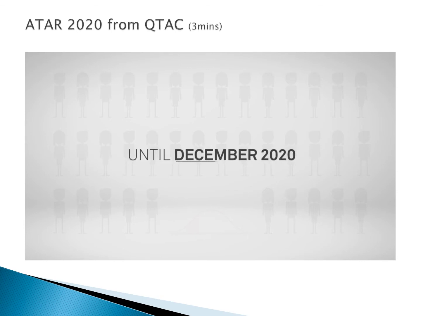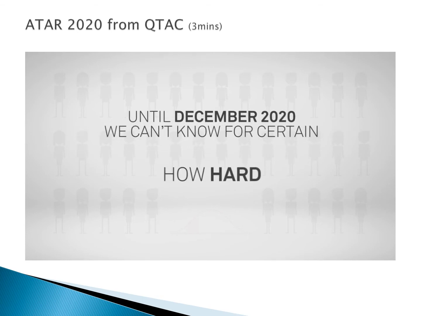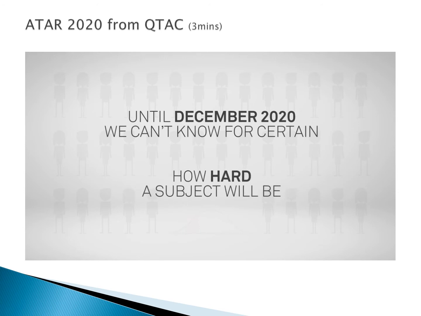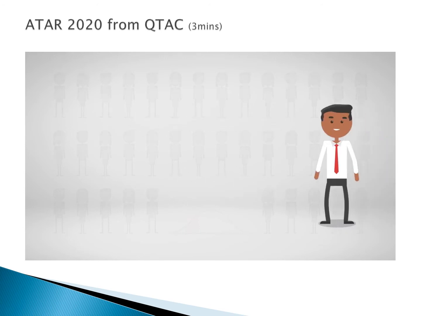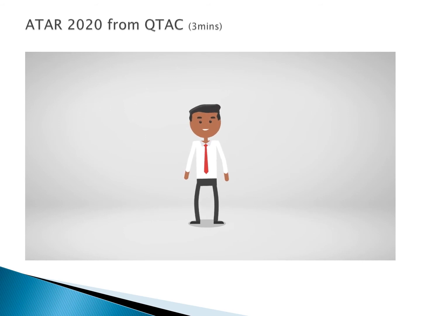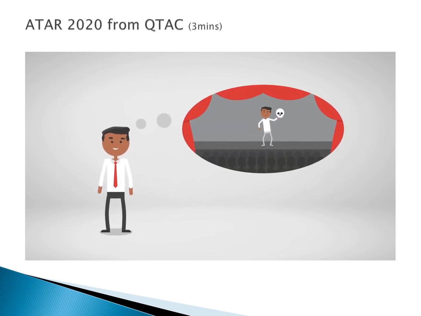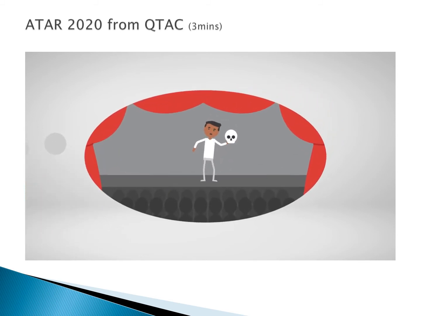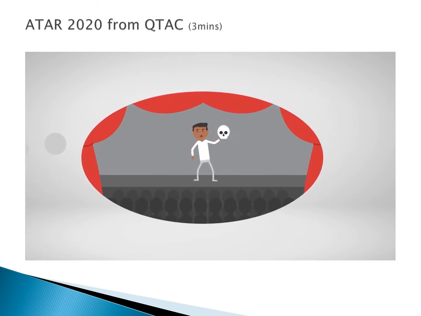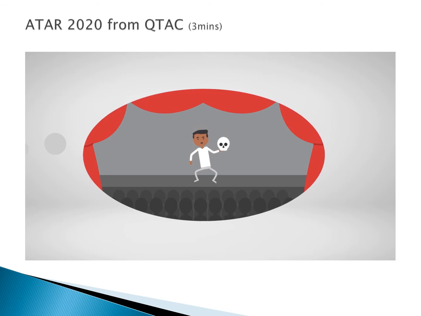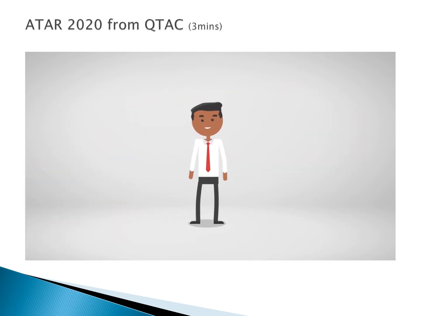Until December 2020, when the first ATARs are calculated, we can't know for certain how hard a subject will be. Some subjects may scale higher or lower from one year to the next. So it's important for students to choose subjects they enjoy, that they are good at, and that are prerequisites for the further study they want to take, rather than basing choices on how a subject is likely to scale.